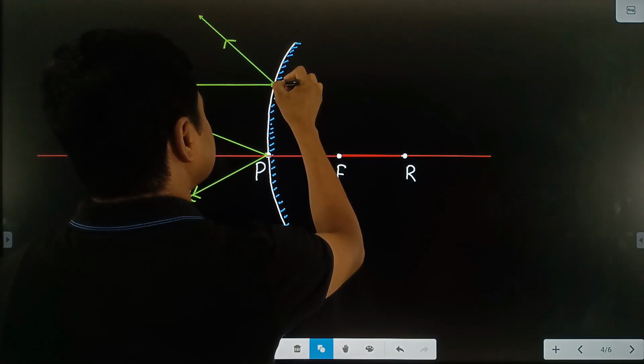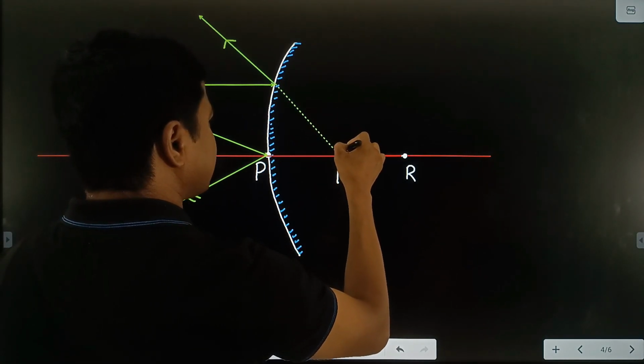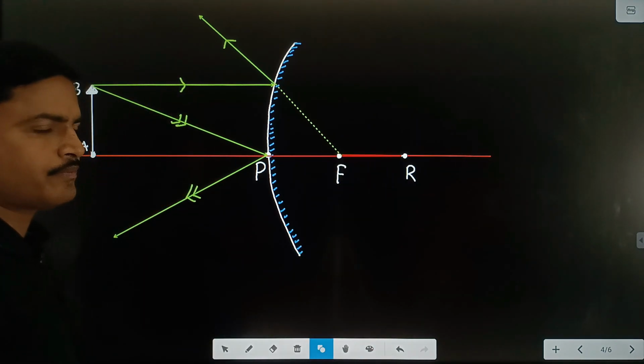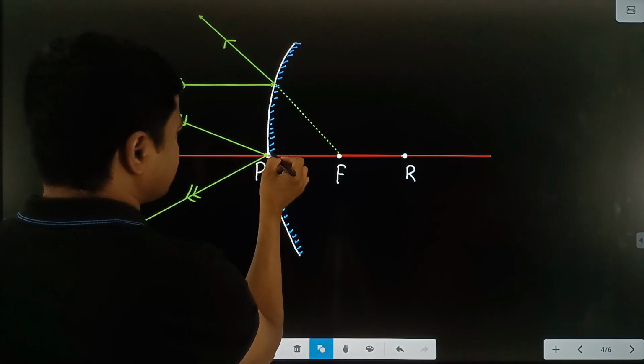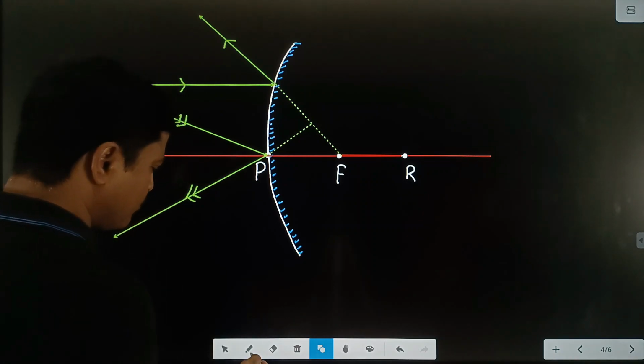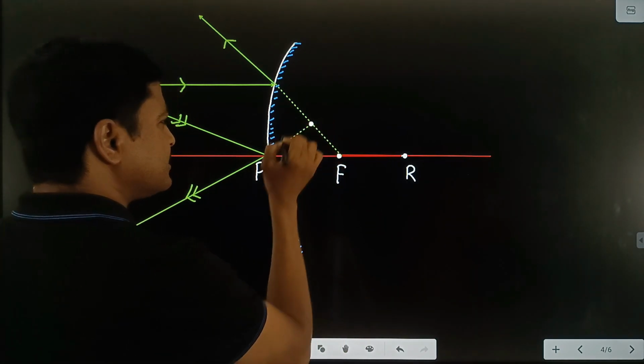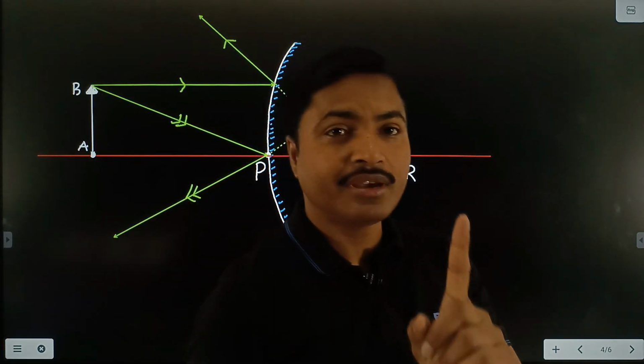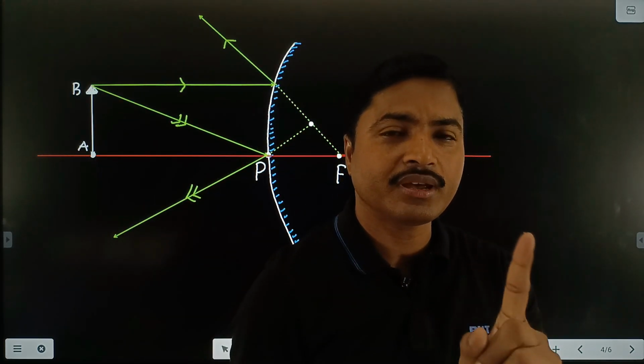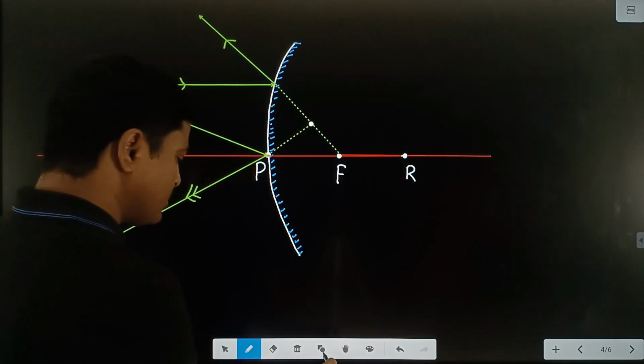And if you extend this ray in the backward direction, you know that the ray must be passing through the focus. Similarly, if you extend the second reflected ray, both reflected rays meet at this point. That means this is the position of the image in case of a convex spherical mirror. And you draw the image.